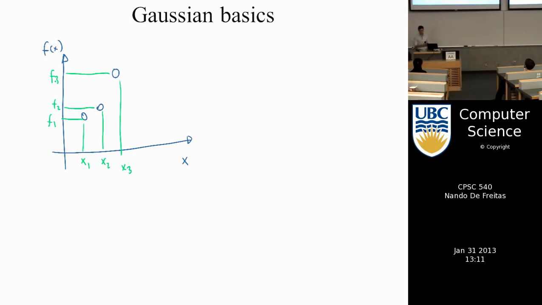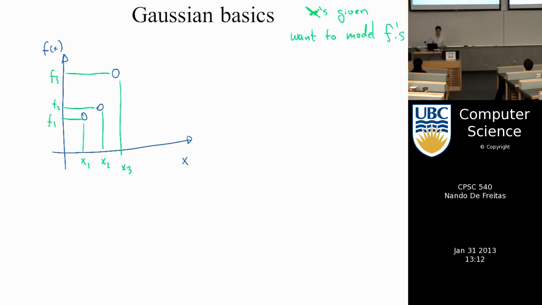Now, I'm going to assume that the x's are given, and that I want to model the f's. Moreover, I will assume that I want to model the f's with a multivariate Gaussian distribution.